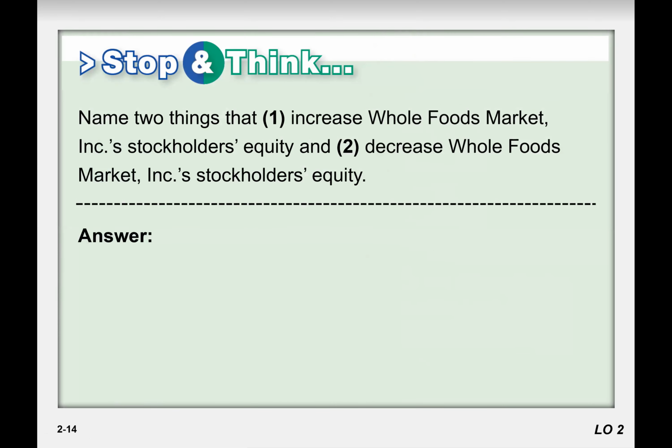Now stop and think about this. Please read that one and tell me the answer. Name two things that increase stockholders' equity of a company, Whole Foods Market Incorporation. Let me write out the equation: assets is equal to liabilities plus owner's equity.